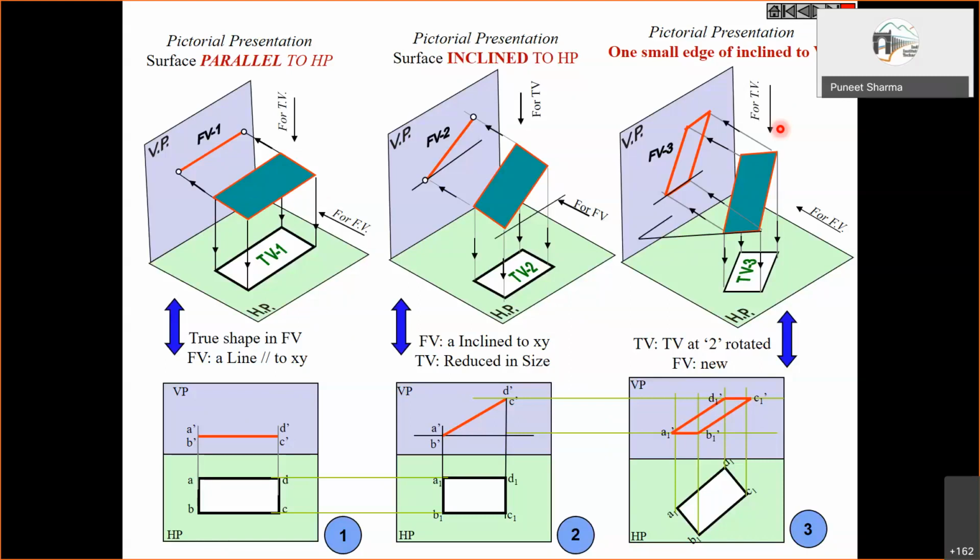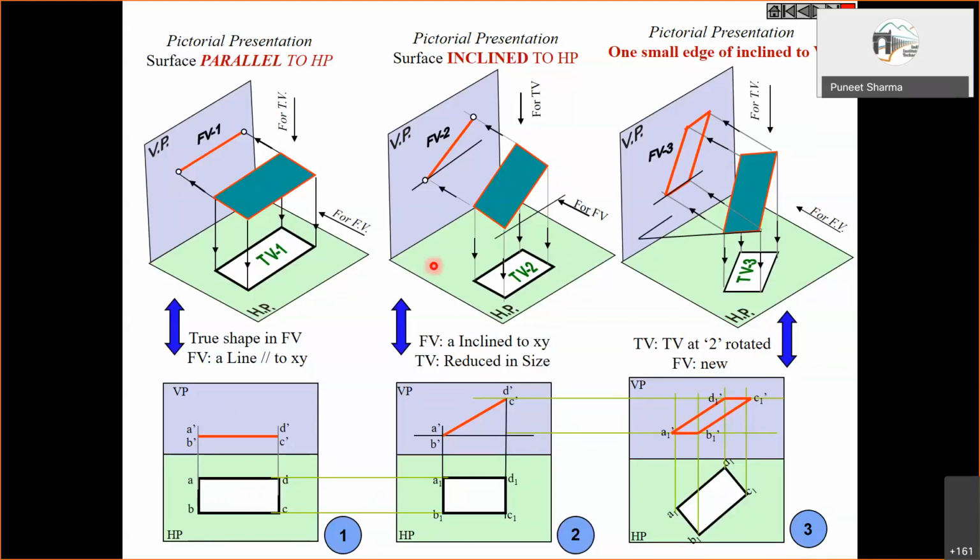That is why we will begin with such a view that we can have the true shape available. Also, the surface is inclined with the horizontal plane, so we are beginning by keeping the surface parallel to the horizontal plane.